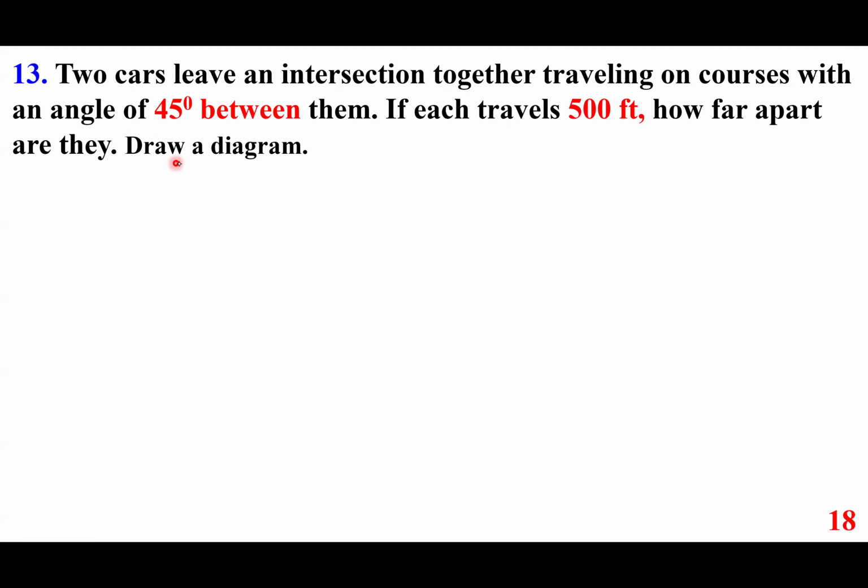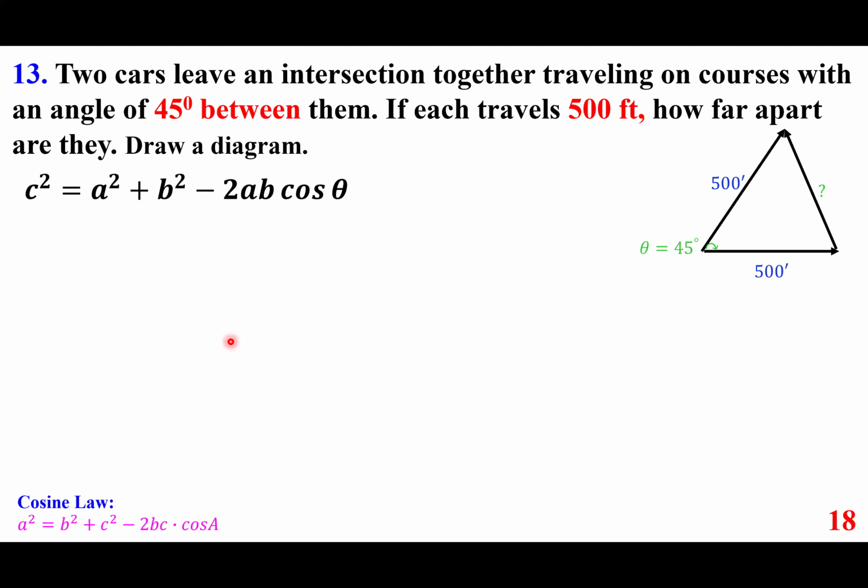A squared equals b squared plus c squared minus 2bc cosine A, or c squared equals a squared plus b squared minus 2ab cosine theta. Either way, depending upon how you find it, cosine theta, cosine A, you name it.